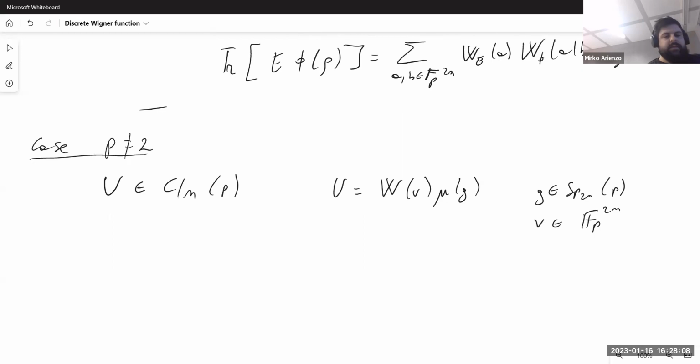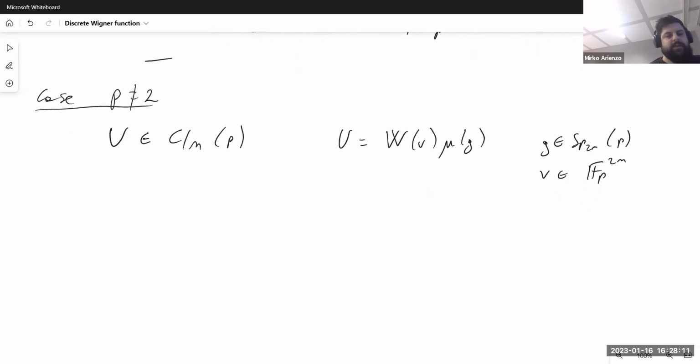And now one can start from a phase point operator and see what happens when you conjugate that with the Clifford operator.